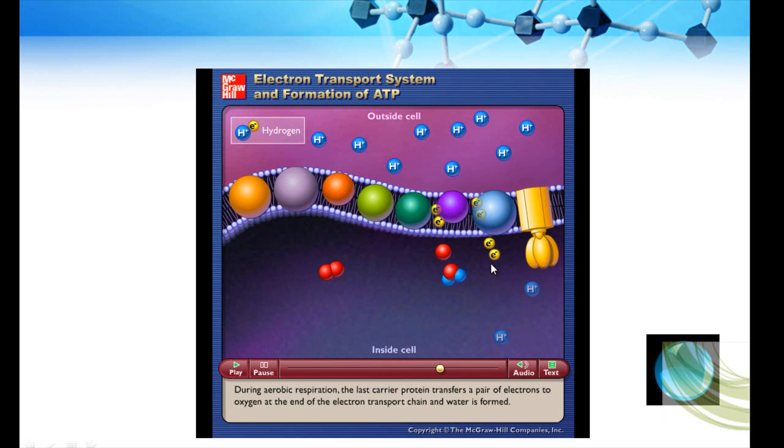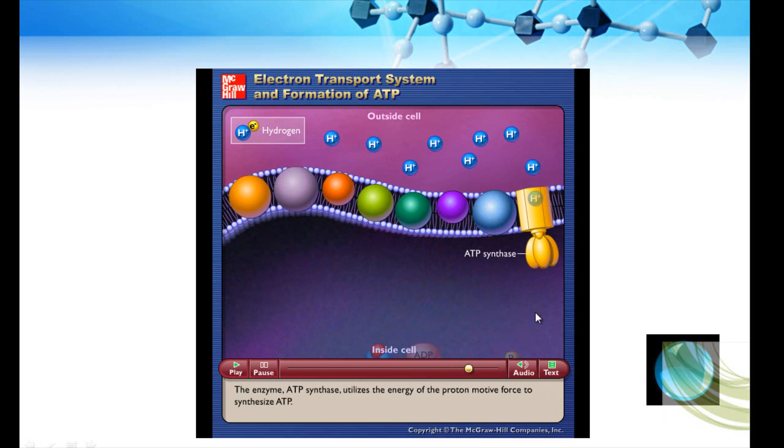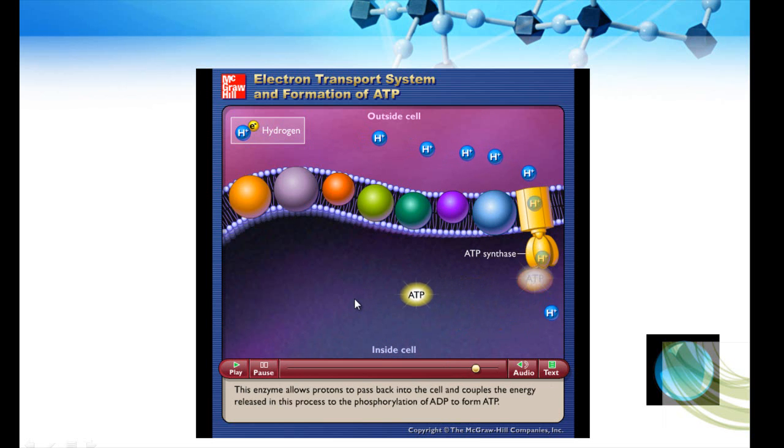And as these electrons come, they hook back up to their hydrogens at an oxygen, and we make water. ATP synthase. As they move through, we make ATP.